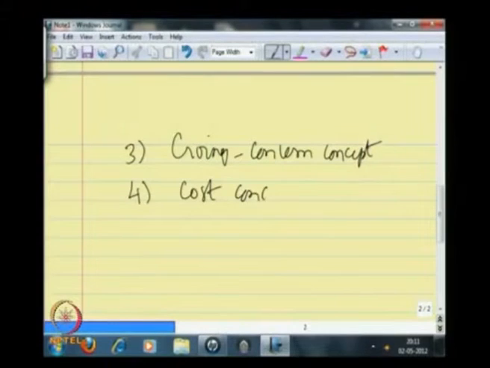The fourth concept is the cost concept, which we discussed at length when we had discussions on balance sheet and depreciation, when activities relating to acquiring new assets were discussed.